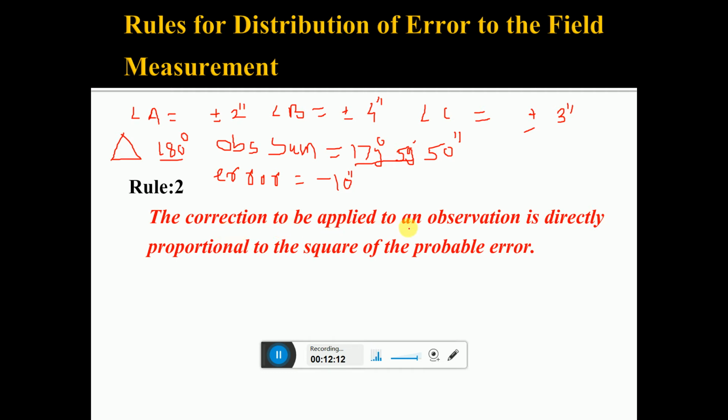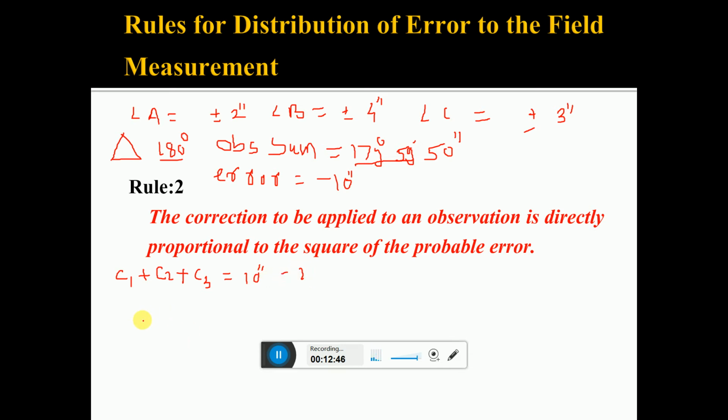The correction to be applied to an observation is directly proportional to the square of the probable error. Again, here you can write: C1 is the correction for angle A, C2 is the correction for angle B, and C3 is the correction for angle C. The total correction is 10 seconds. So this is your equation number 1.